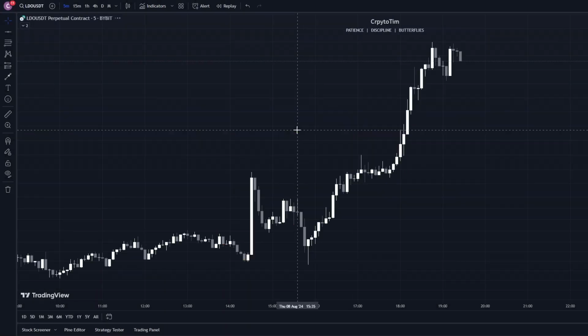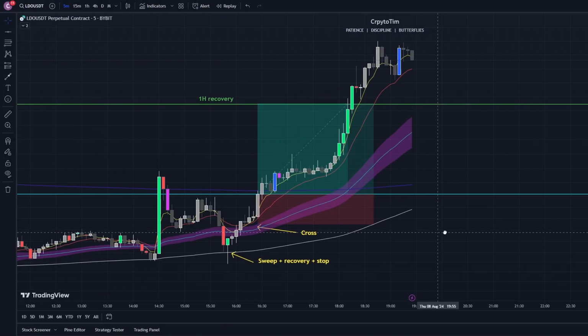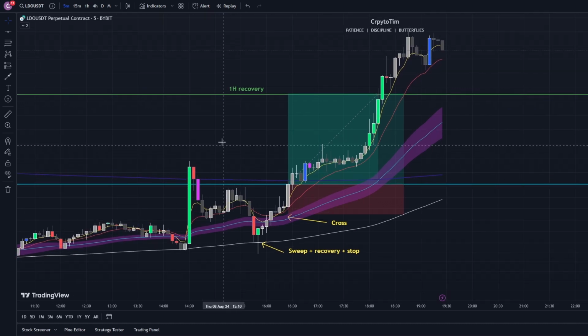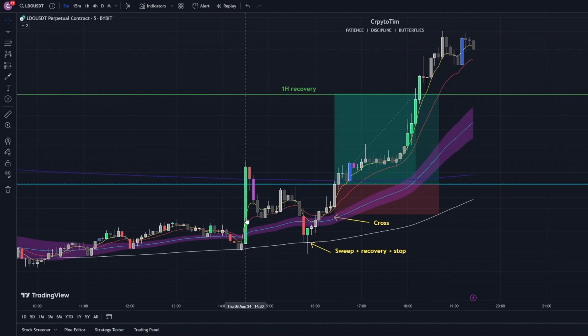So finally we'll be going over our LDO trade, LIDO trade. Pretty much the same scenario as you could see. Strong vector up, coming back down all the way, fully recovering it, sweeping some liquidity, forming a stopping volume candle.